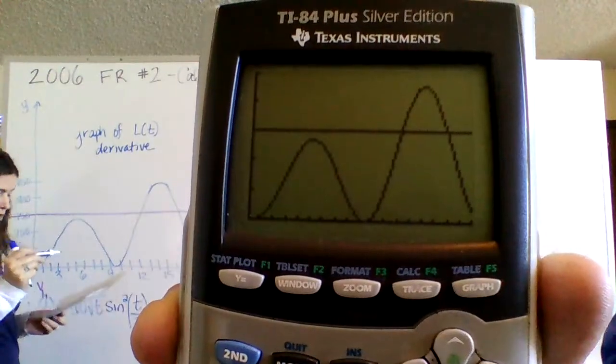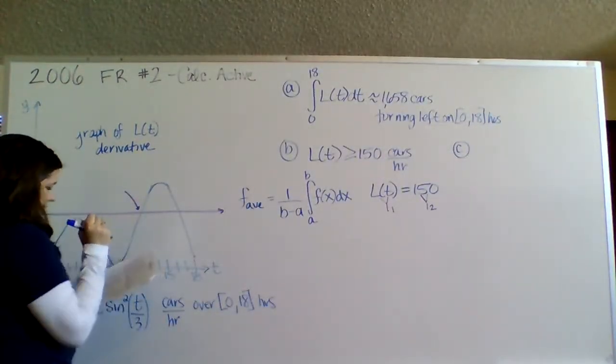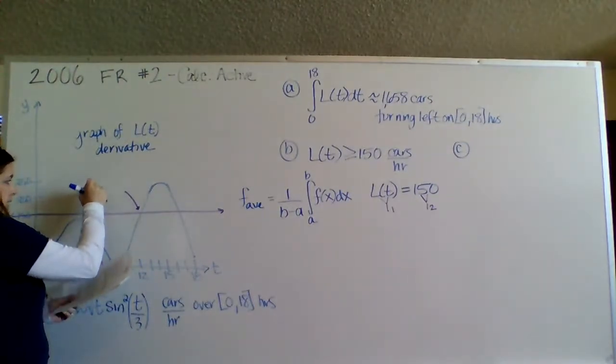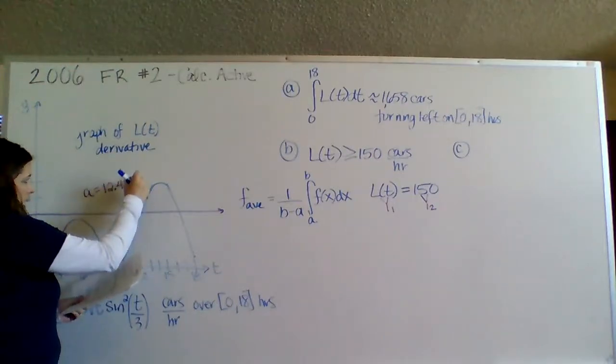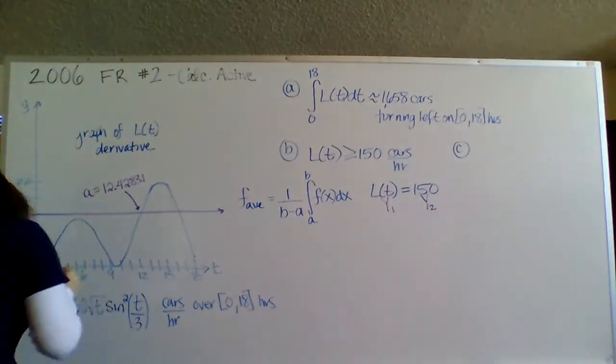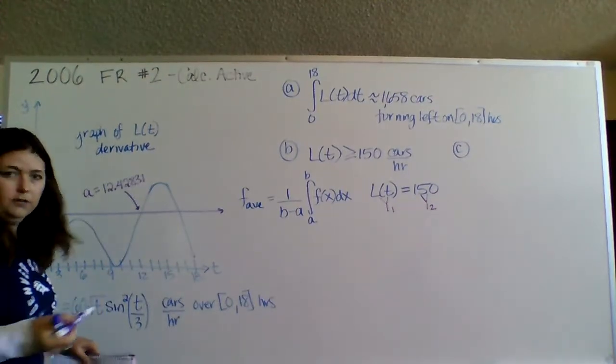So I have that drawn in, and I'll show you what I got. The first time that I got, which I went ahead and defined as A, was 12.42831. And again, we want to keep all those digits so we don't introduce any kind of rounding error.